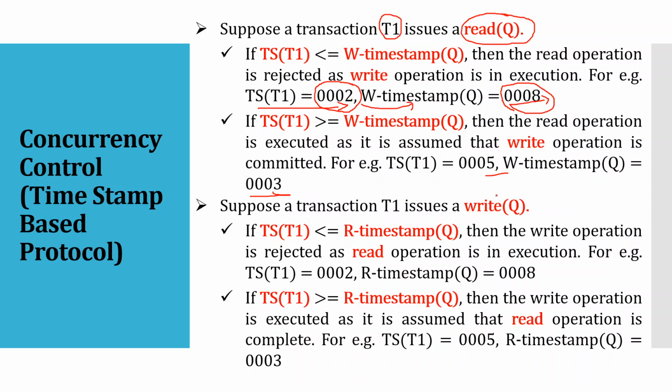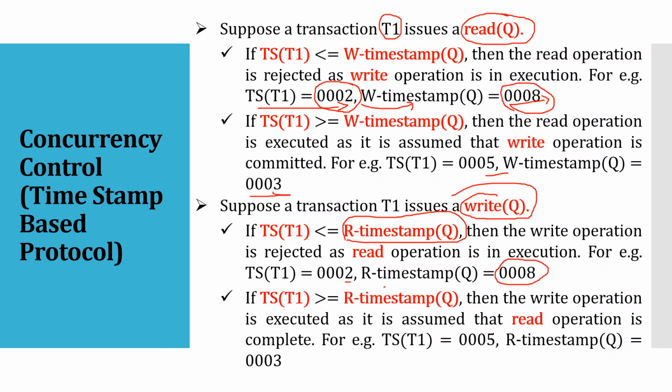Similarly, if you want to write data and you already have a read timestamp, let us take the example that a transaction is given some timestamp and that timestamp is less than or equal to the read timestamp. It means that TS of T1 is 2 and the read timestamp of that particular data item is 8.